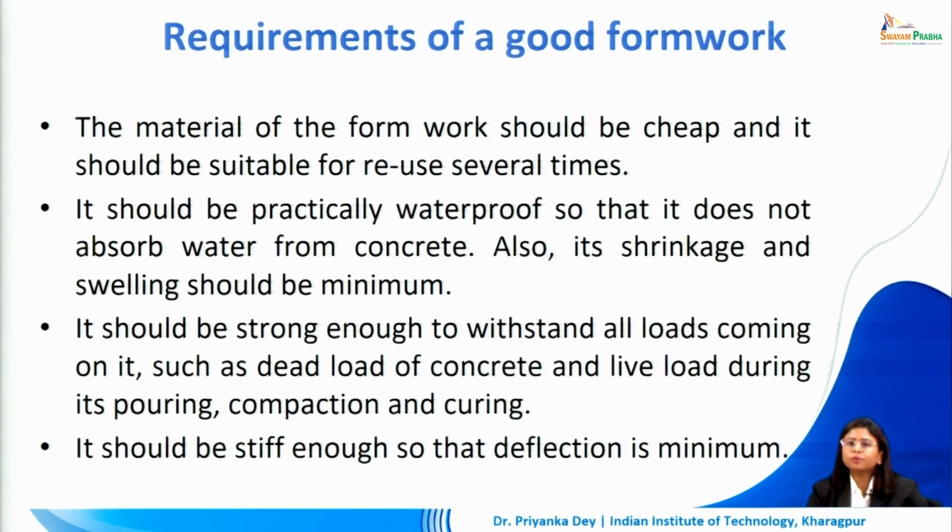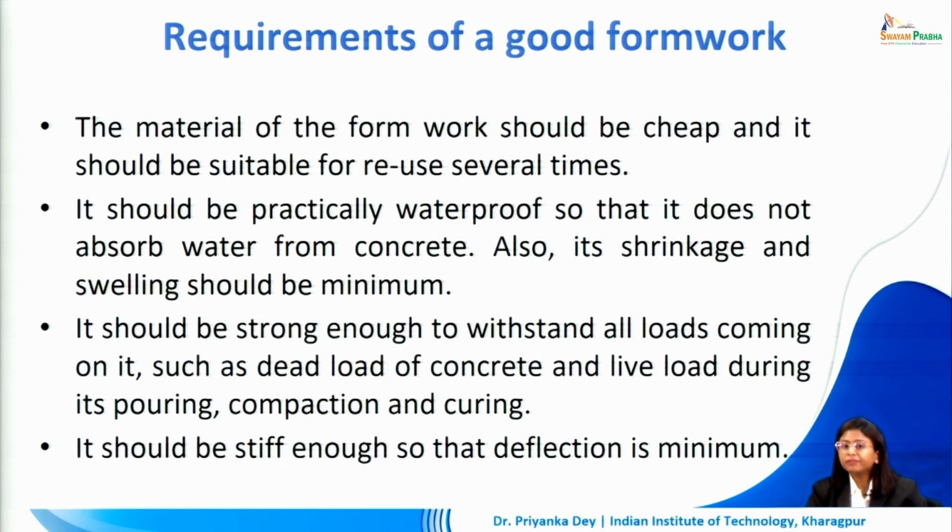Now, any good formwork should have certain requirements. First of all, the material of the formwork should be cheap and it should be suitable for reuse several times. It should be practically waterproof so that it does not absorb water from concrete. Also, its shrinkage and swelling should be minimum. It should be strong enough to withstand all the loads that are being placed on it, such as the dead load of the concrete and the live load during its pouring, compaction and curing.